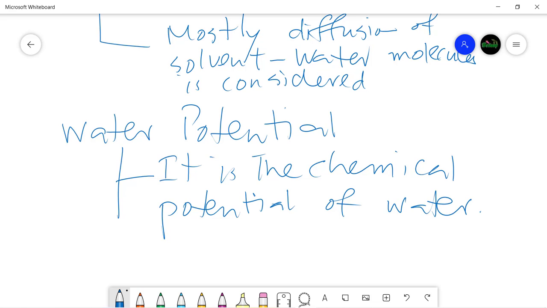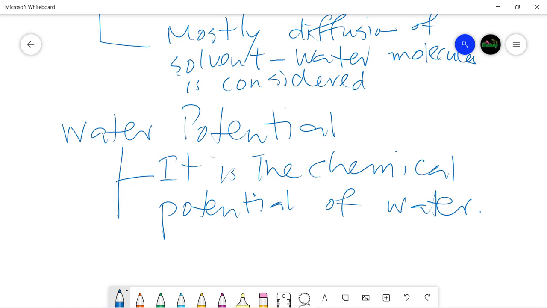Now we already know the definition of chemical potential. The amount of energy per mole of a substance is known as chemical potential. And the chemical potential of water has been given a special term, and it is usually known as water potential. So from now on, we are going to use water potential for the chemical potential of water, and we are not going to use the term chemical potential as far as water is concerned.